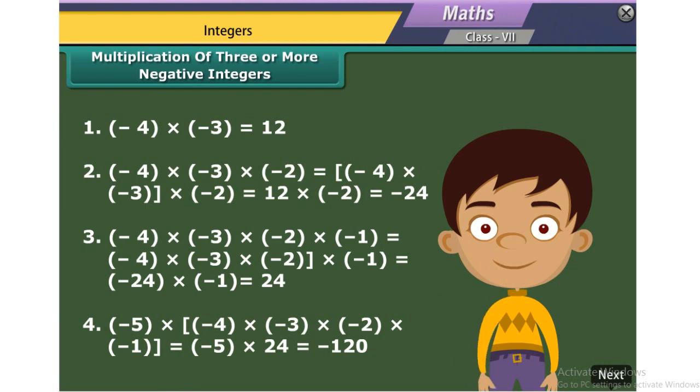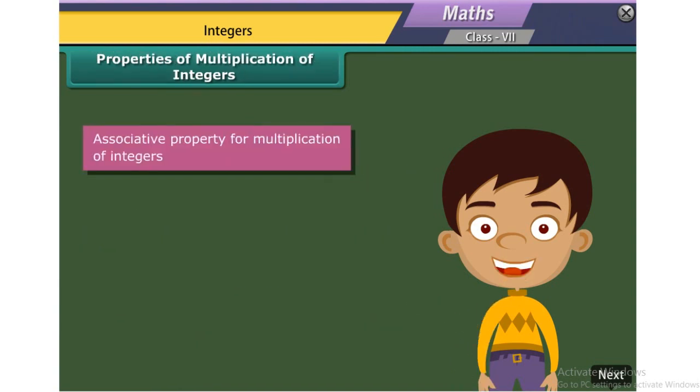Hence, we can say that if the number of negative integers in a product is even, then the product is a positive integer. And if the number of negative integers in a product is odd, then the product is a negative integer. The product of two integers is again an integer.